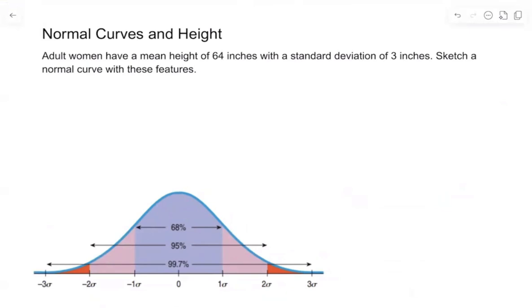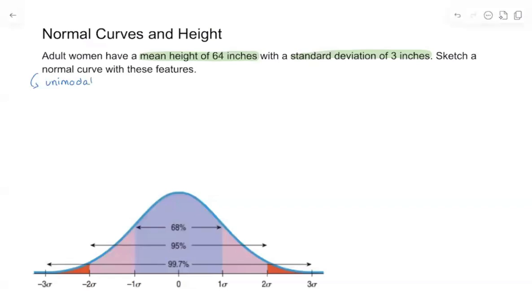So now I have information that adult women have a mean height of 64 inches with a standard deviation of 3 inches. So I'm going to sketch a normal curve with these features. Now I know that it's a normal curve, and normal for me means that it's going to be unimodal, right?